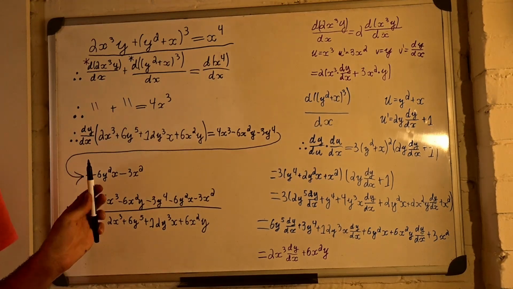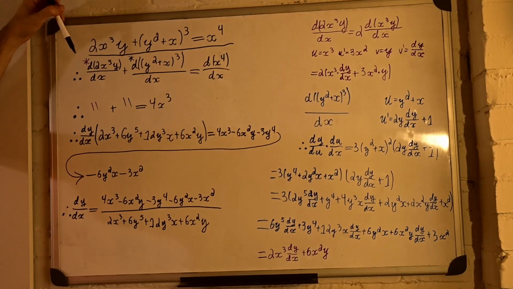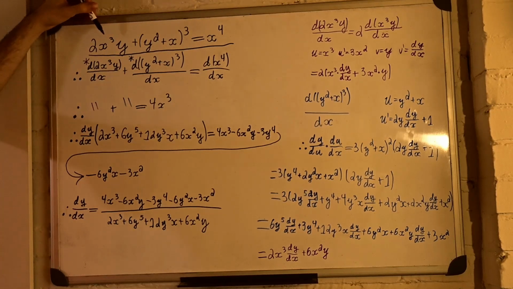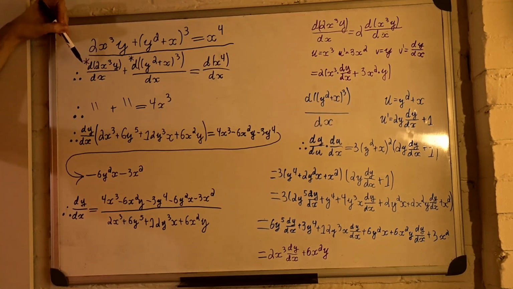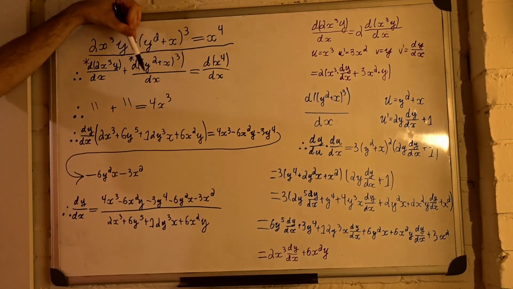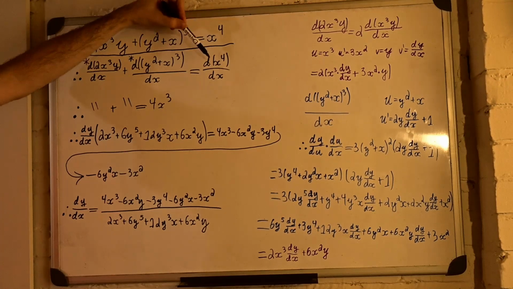The first step when you're finding the derivative of an implicit function is to find the derivative of each term. So first term, 2x cubed times y, we're going to find the derivative of that with respect to x. Second term, y squared plus x cubed, we're going to find the derivative of that with respect to x. Third term, x to the fourth, we're going to find the derivative of that with respect to x.